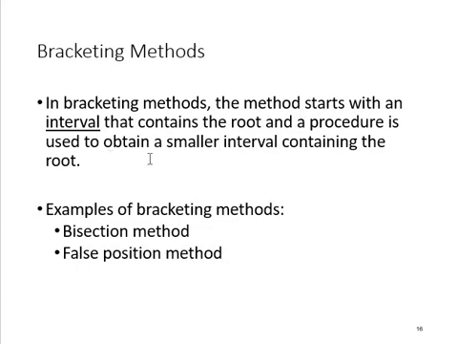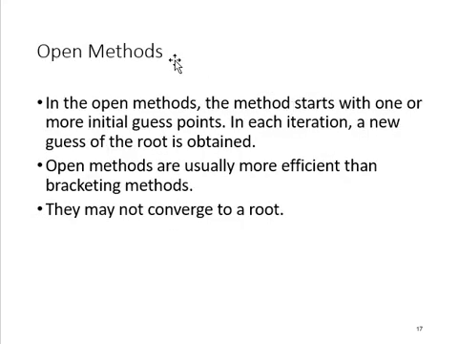So you have got an interval containing the root, you apply a procedure, you get another interval containing the root. It's about intervals with the root inside that we are interested in finding. Examples of bracketing methods include the bisection method and the false position method.